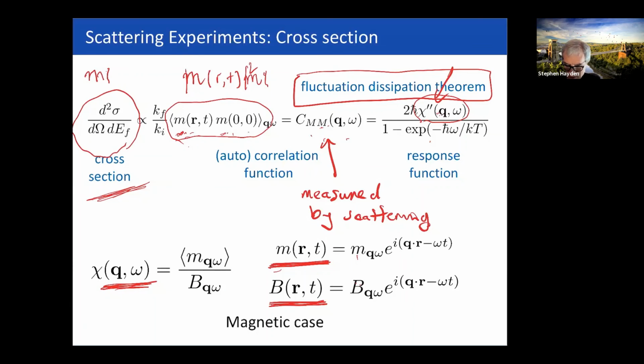Okay, so this notation here is a correlation function of these two things, and then this omega and q is the Fourier transform with respect to time and space. So this is formally correct, and that's related to this power spectrum.